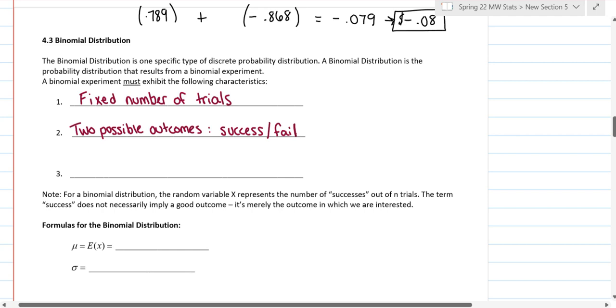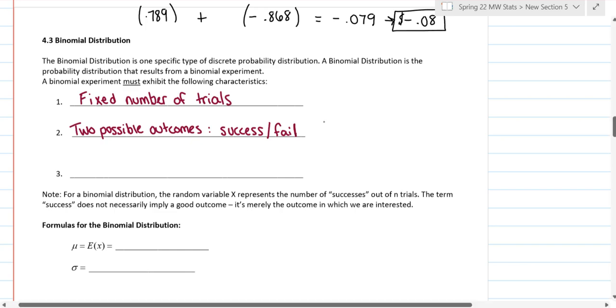So let's say I want to find the probability that I am choosing, out of all of my students, a dual enrollment student. Okay, so I say that's my probability. So it's either you're dual enrolled or you're not dual enrolled. So its success would be the dual enrolled, the failure would be not dual enrolled in that case.